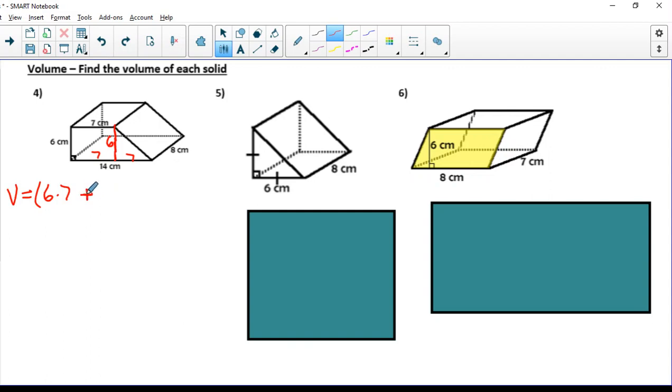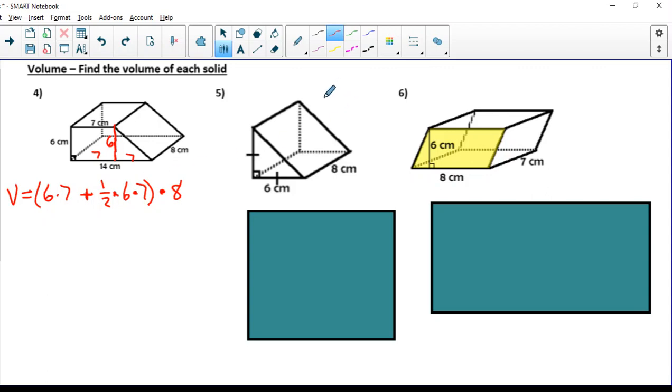And if I add in the triangle, triangles are 1/2 times base times height, so this would be 1/2 times 6 times 7, and then times the height, which is 8.